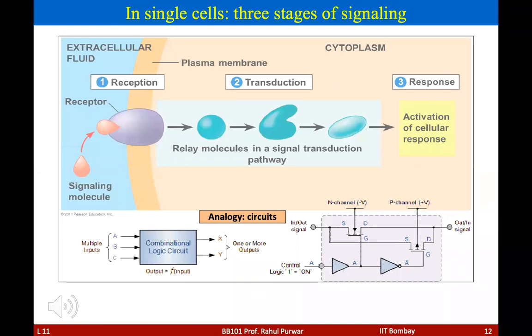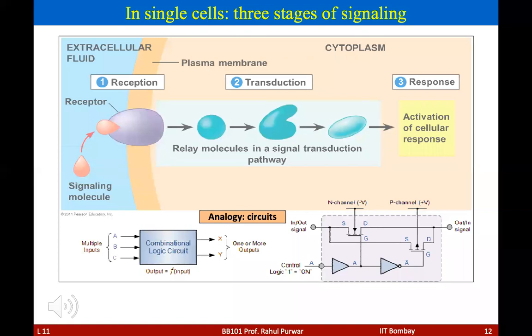This transduction of the signal goes from one molecule to the next, these relay molecules are in a pathway, and ultimately there's an activation of the cellular response, either new synthesis of a new molecule or new protein, or some kind of response signal. So third is the response.